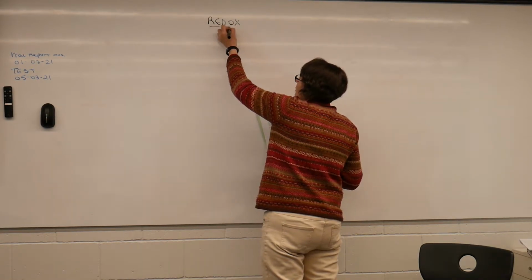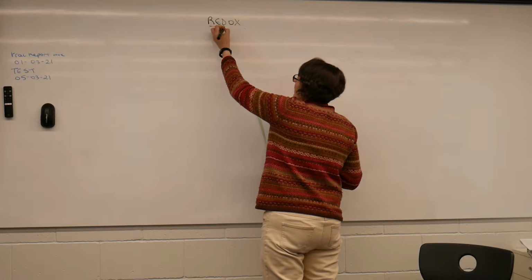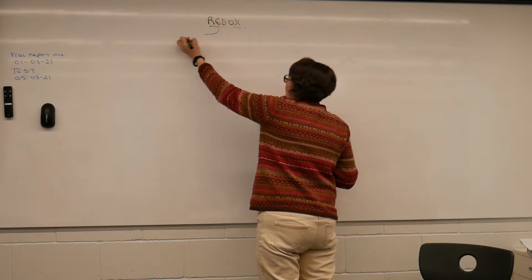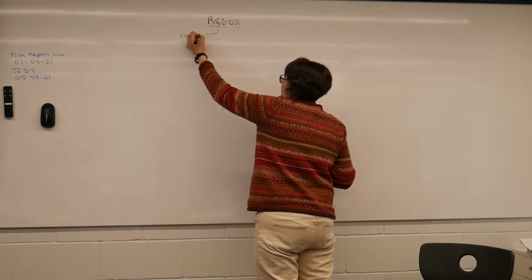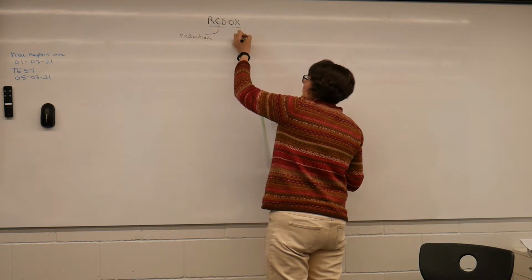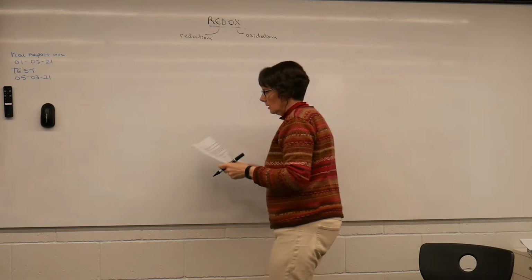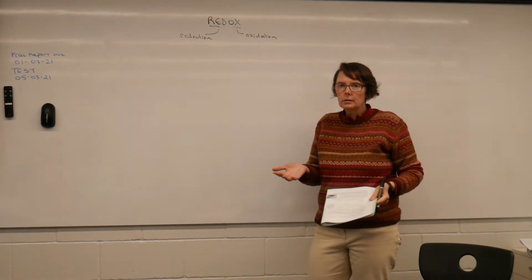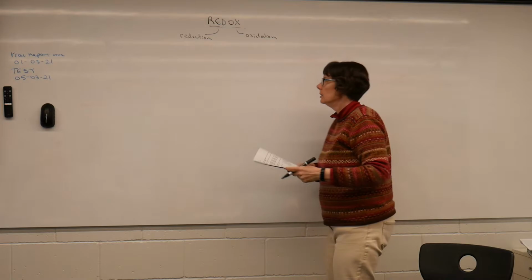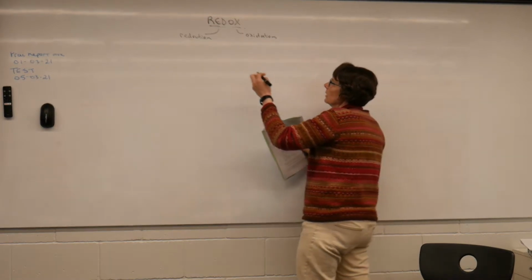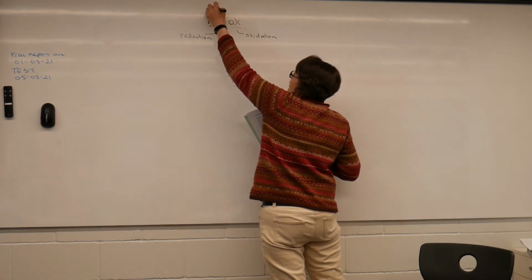It's a manufactured word, if you like. So this red part comes from reduction, and the ox part comes from oxidation. And if you looked in the unit outline, you would see that this all sits under a heading of electrochemistry.